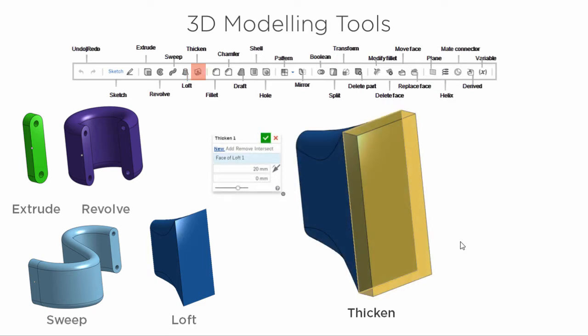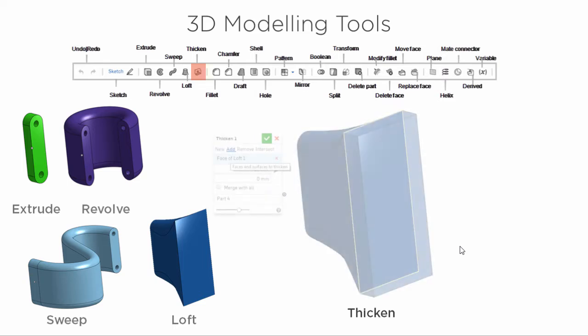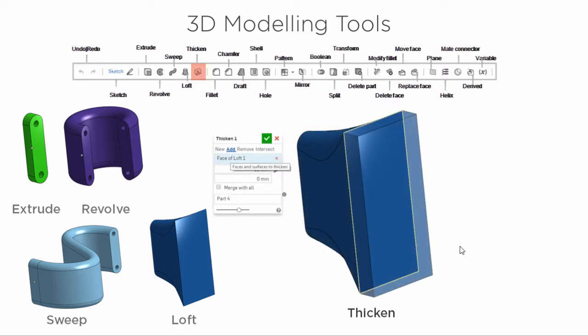In our example, I use the top rectangle face of our lofted part. Again, as with the previous tool, you can create a new part, add to an existing, remove from the part, or intersect. The 2 distance values specify the distance to thicken outward and inward to the selected surface or face.